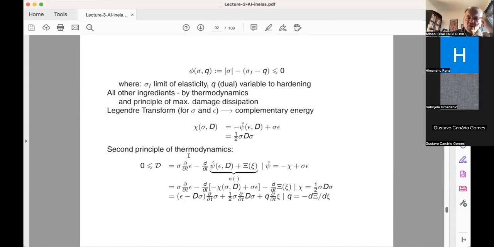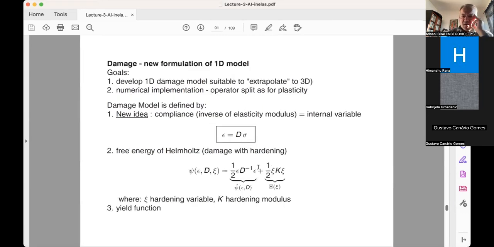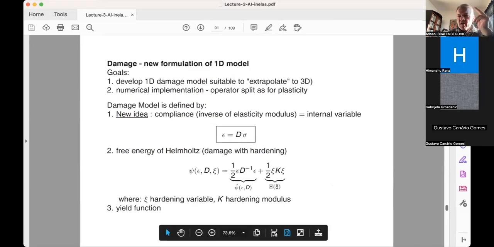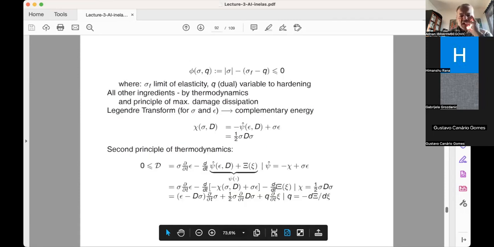So then I can go to my second principle of thermodynamics and define the dissipation to be equal to the stress power sigma times epsilon dot minus the derivative of free energy plus the hardening potential, uppercase psi, a quadratic form in the hardening variable psi.